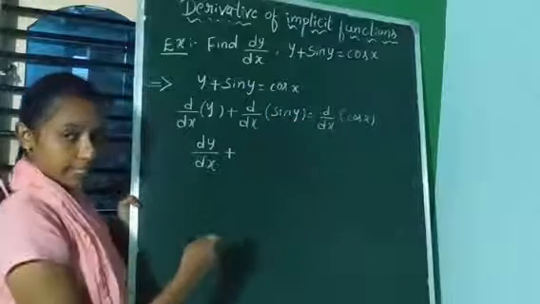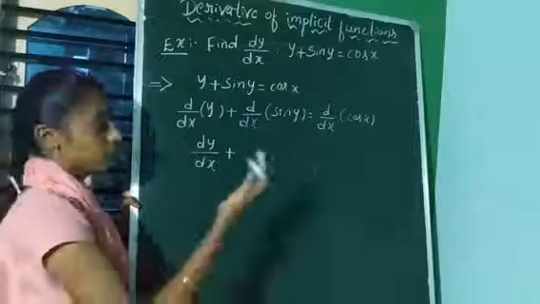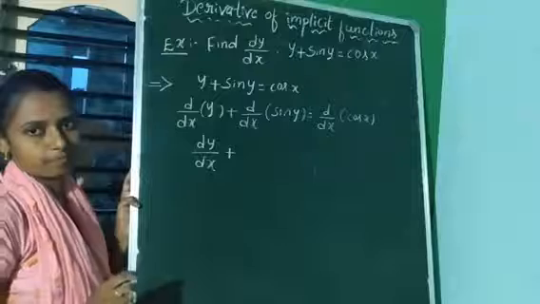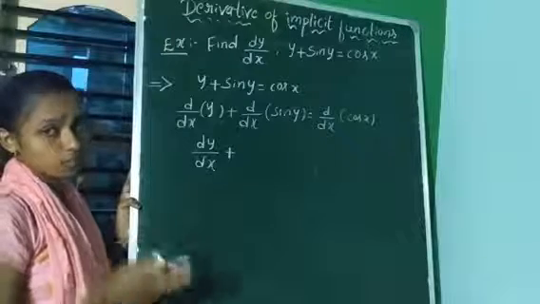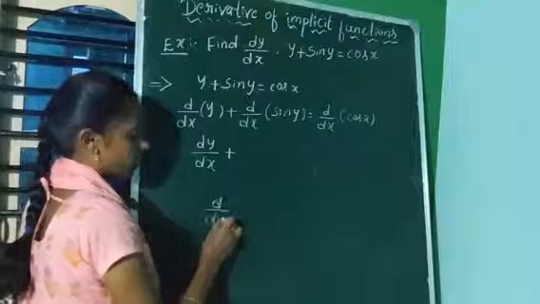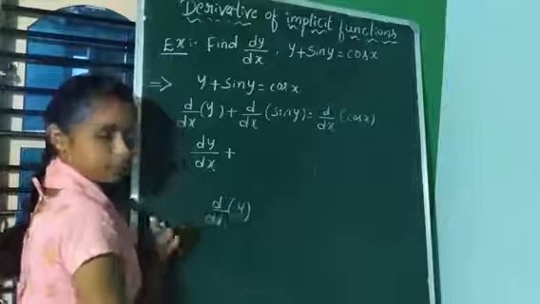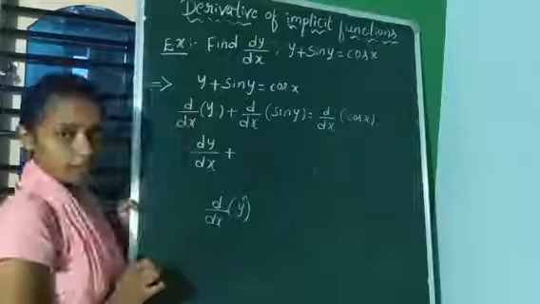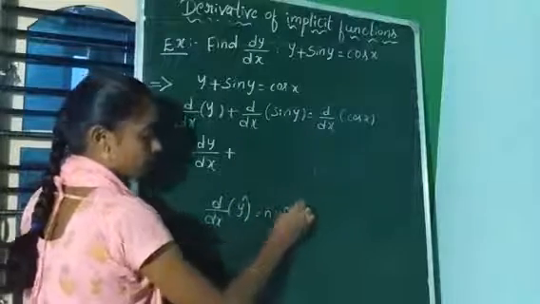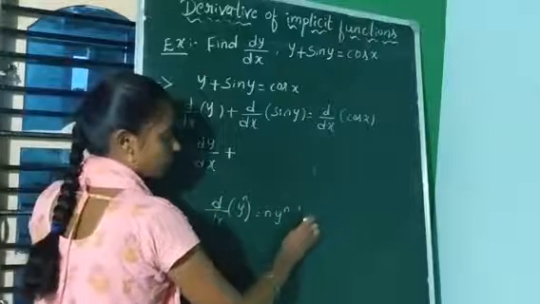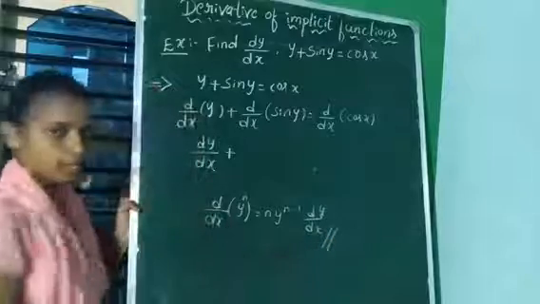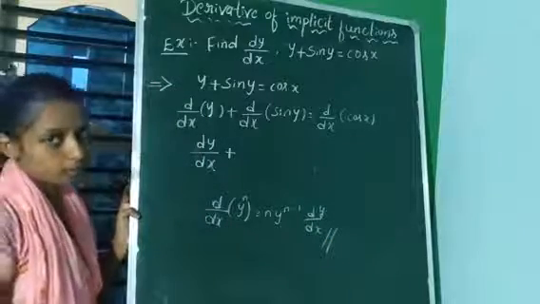Sine derivative is what? Cos. So again you need to differentiate the variable y. This is very important. The derivative of the variable y to the power n is n into y to the power n minus 1, and again you need to write dy by dx. This is compulsory. Is it clear?